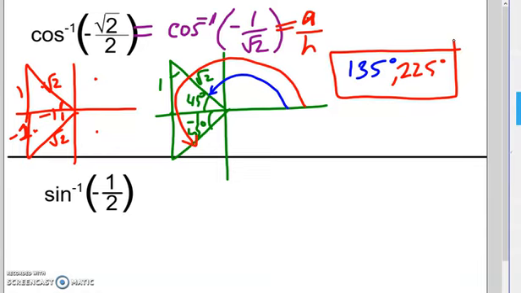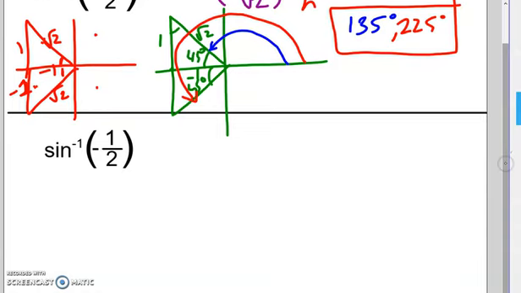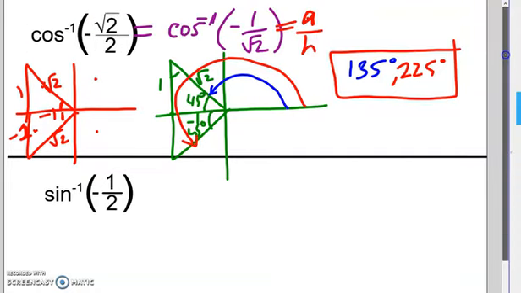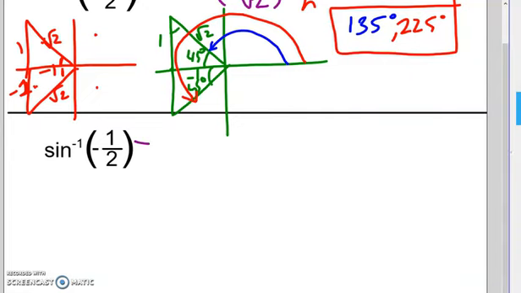All right, so let's pick up the pace here. I think we've got the general process down. Now we have sine of -1/2. Remember we're only looking for angles that are between 0 and 360. This is opposite over hypotenuse. So where is sine negative? Sine is negative only where the y values are negative.